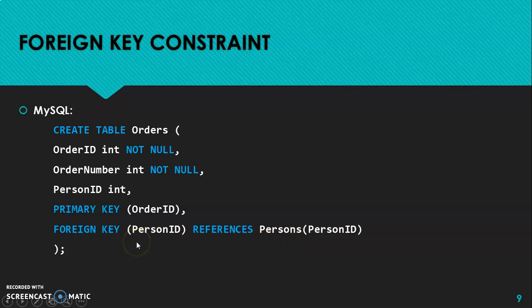Because of the naming convention, kindly note that this foreign key person ID is a column of the orders table, and it references your person ID. This person ID is referring to the column of the persons table.